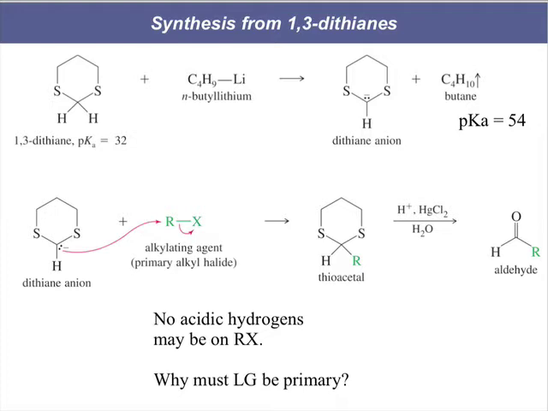But it's also going to be small because in the SN2 mechanism, the nucleophile has to access the antibonding orbital of that RX bond. So the fact that our dithiane is so bulky means that we are not going to be able to do SN2 on, say, a secondary halide. We can only get away with primary or perhaps methyl alkyl halides here. But keep this in mind as a creative way, a very flexible way of making any particular type of aldehyde you might want.